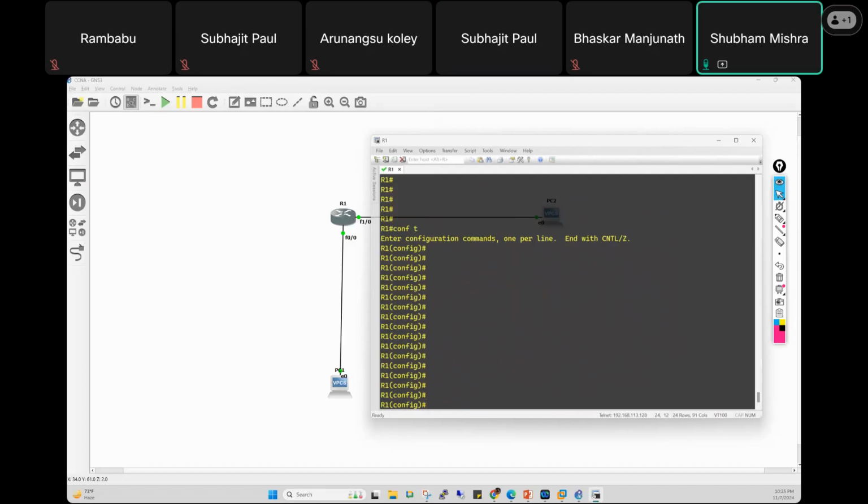Whenever you configure something in global configuration mode, you are configuring globally. Try to understand the word; in the word you will get the answer. Global configuration.